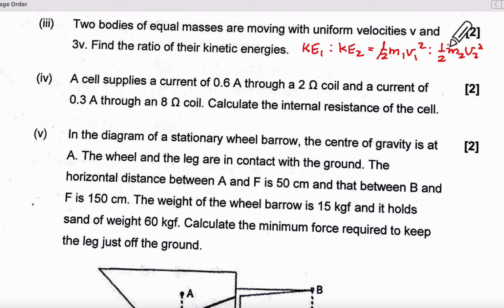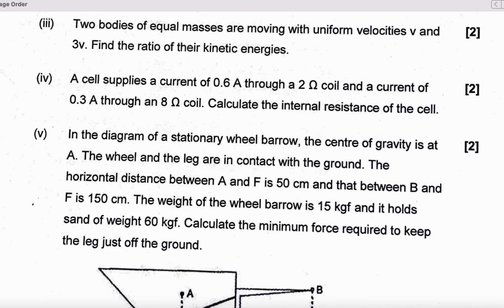Then this and this get cancelled. The mass is the same, so m v square, and here it will be m and 3v whole square. M got cancelled and you'll have v square is to 9v square, and you'll get your answer as 1 is to 9. Okay.